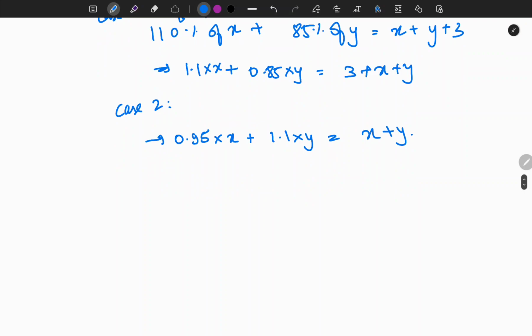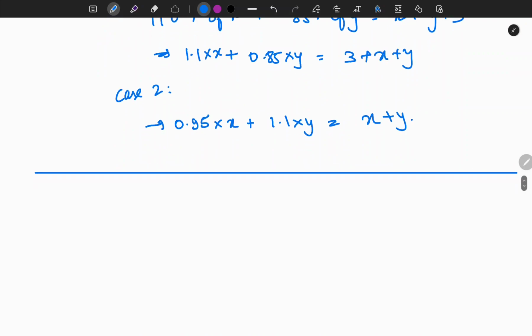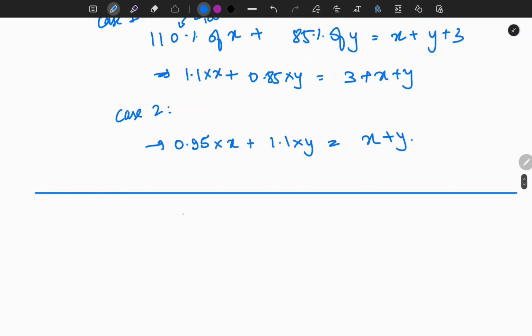Now after simplifying these equations, we will realize that 0.1x minus 0.15y is equal to 3, and 0.1y minus 0.05x is equal to 0.